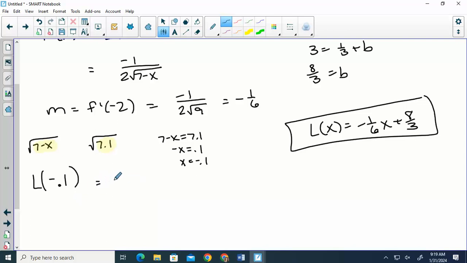So if we put that in, I don't know what that is as a decimal if you're checking yourself.